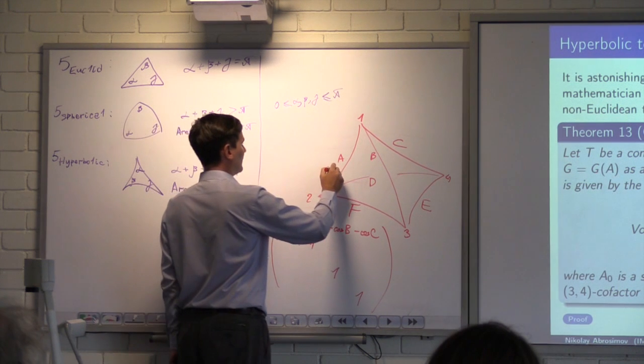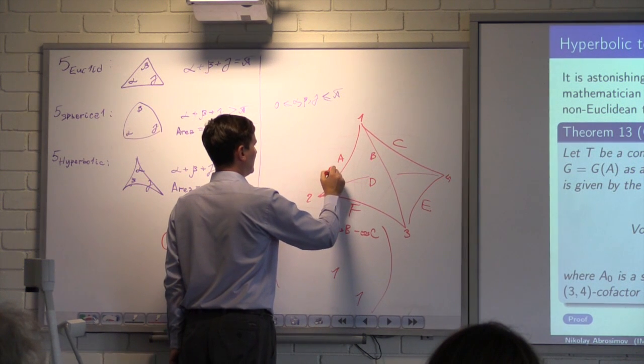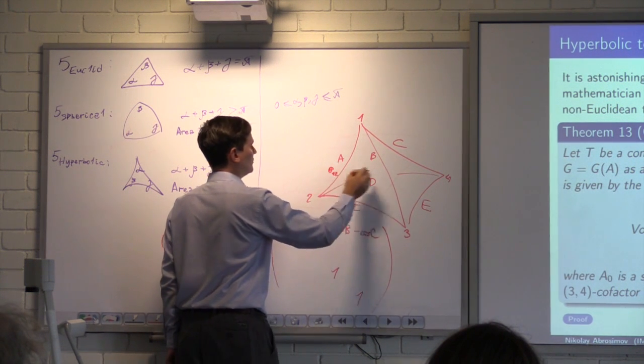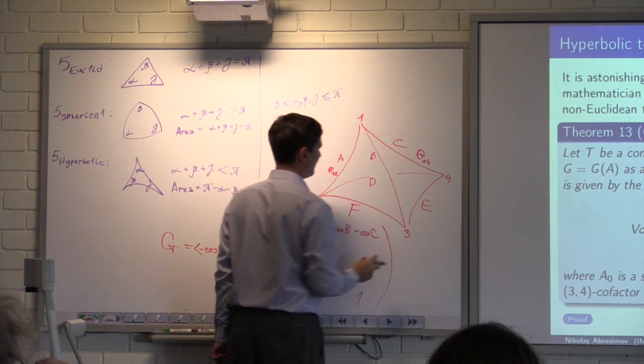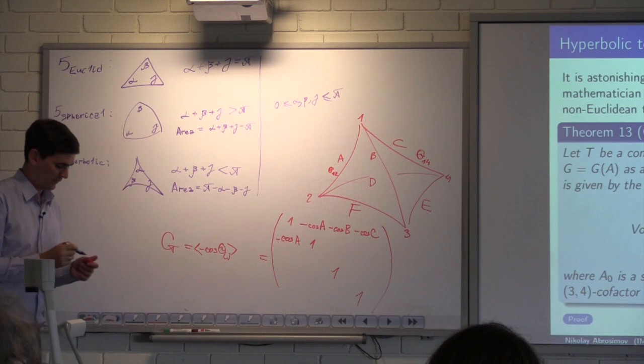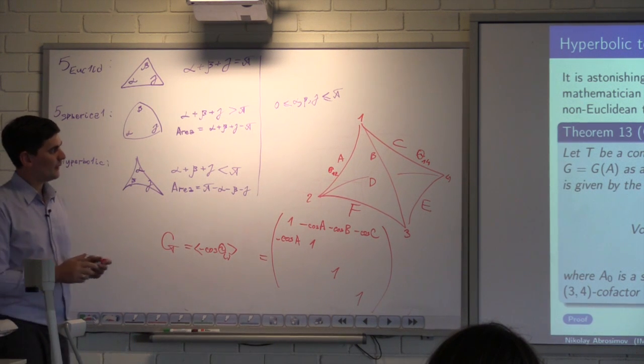For example, here will be theta sub 1,2, theta sub 1,4, etc.